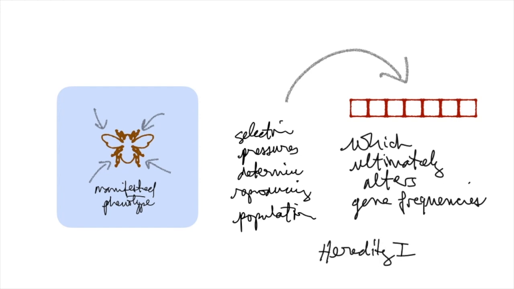This mechanism, whereby selection pressures alter gene frequencies, thus altering the population of phenotypes, is described by something called the modern synthesis, but we're going to call it heredity 1. When we consider the modifications to the population of regulatory network structures, we have added evolutionary development, known as evo-devo for short, which also falls under the category heredity 1.